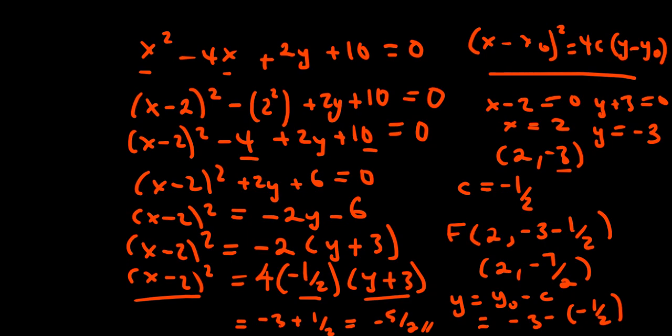So I've found all the points that I need to sketch this graph. My directrix as negative 5 over 2, then my focus as 2 comma negative 7 over 2. And also, since my c is negative, this graph is going to open towards the negative direction.